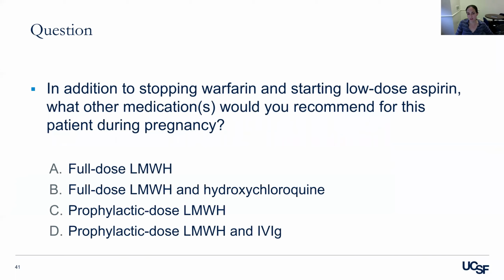So just to think about this question, in your mind, in addition to stopping warfarin and starting low-dose aspirin, what other medications would you recommend for this patient during pregnancy? And our options are full-dose low molecular weight heparin, full-dose low molecular weight heparin and hydroxychloroquine, prophylactic dose low molecular weight heparin, and prophylactic dose low molecular weight heparin and IVIG.